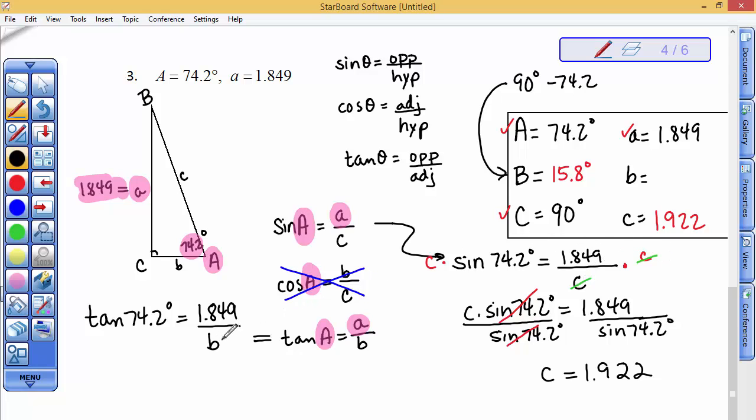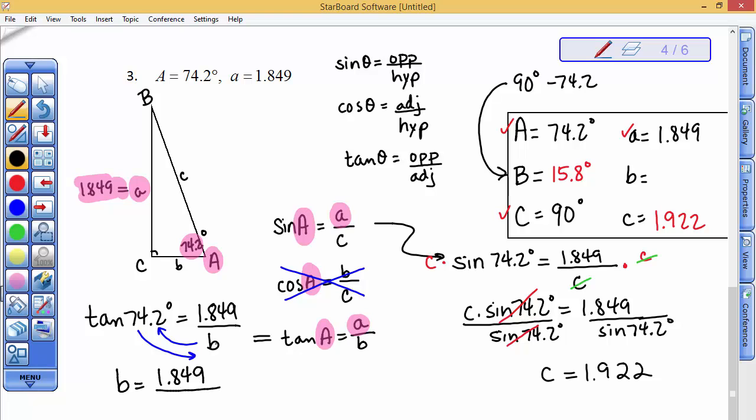I don't need to show the algebra every time, like here, multiplying both sides by B. I can look at the pattern over here, and to solve for C, I took this numerator, the 1.849, and divided it by the sine of 74. See the sine 74? So I often call this an algebra switcheroo. I move that B over here, I move that tangent 74.2 down there, and I don't have to show my algebra every time because it's just repetitive.